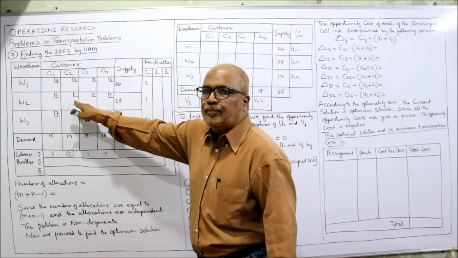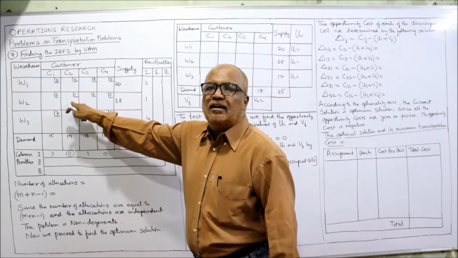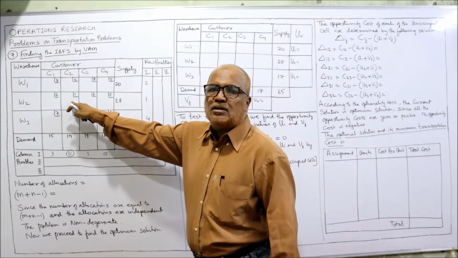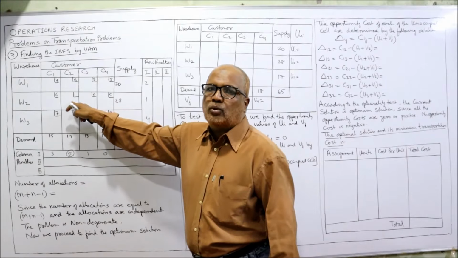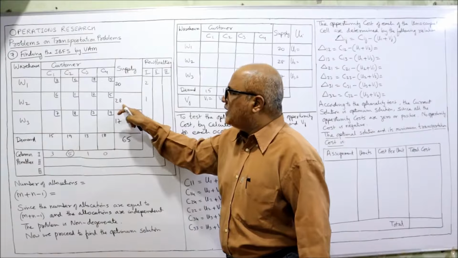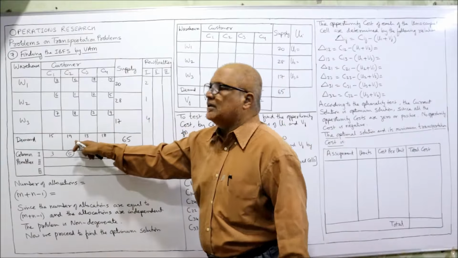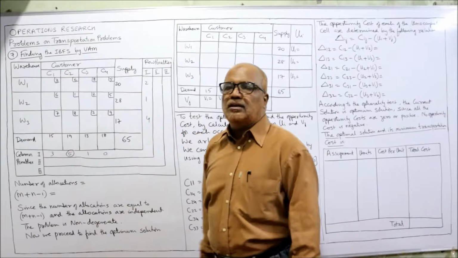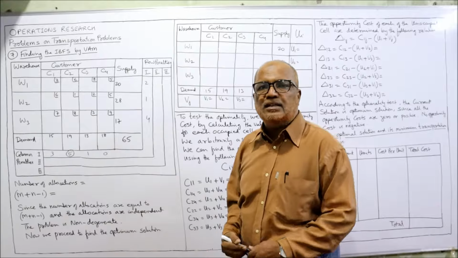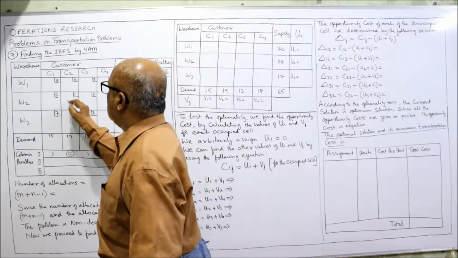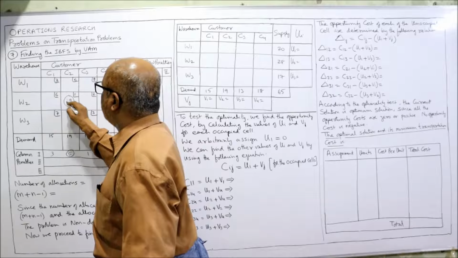In this column C2, what is the minimum cost you select? Minimum cost is 1. In this one cell, we have to make the allocation depending on the row total and column total. Here row total is 28, column total is 19. So 28 or 19, whichever is less, 19 is less. So I am allocating 19 in this cell.